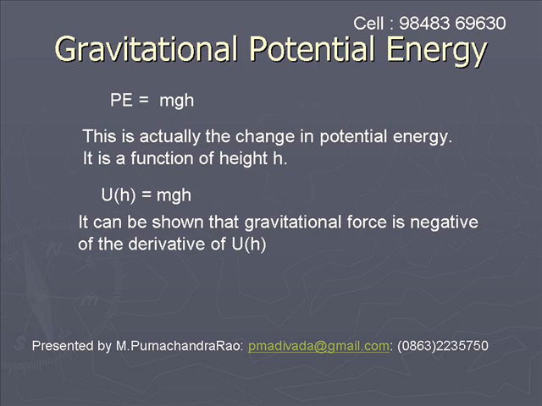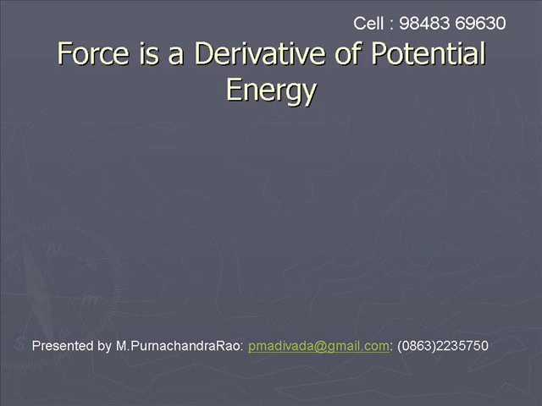Mathematically it is written as F is equal to minus d by dh of U(h). d by dh of mgh: d by dh of h is 1. Hence it becomes minus mg.